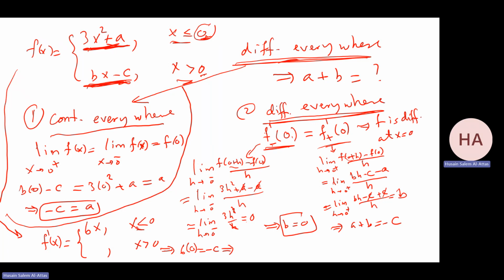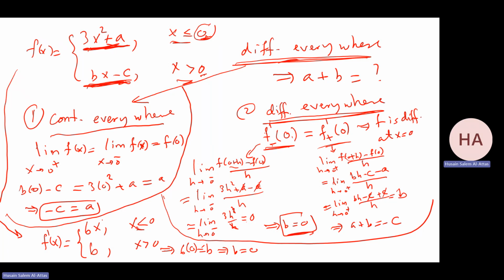Sorry, this is b. Is equal to b. This is something else. So b equals 0, which is the same answer.